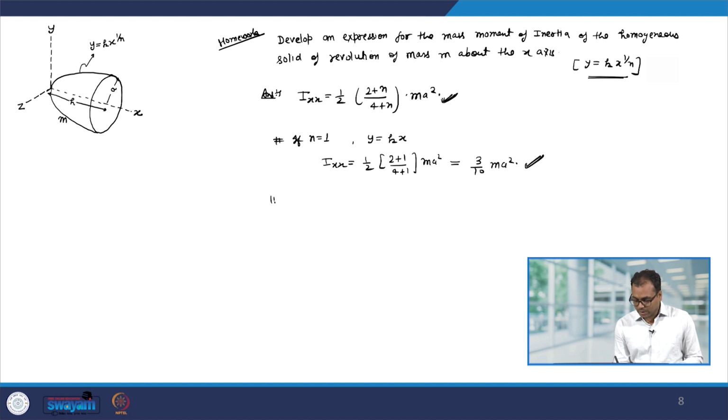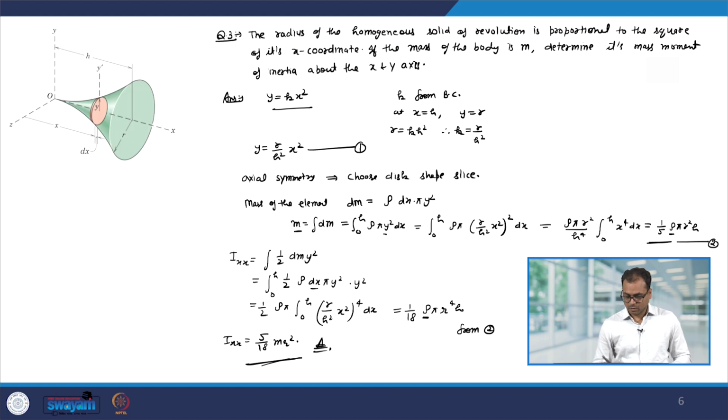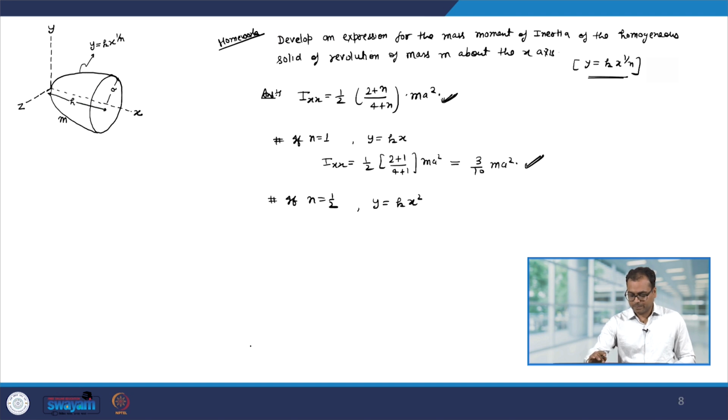Now, let us look at the case if n is equal to half. In that case the equation becomes y equal to k x square. This was our third problem. So, herein I have y equal to k x square, and the moment of inertia about the x axis was 5 by 18 m r square. So, let us see that. Let us put n equal to half in equation number 1.